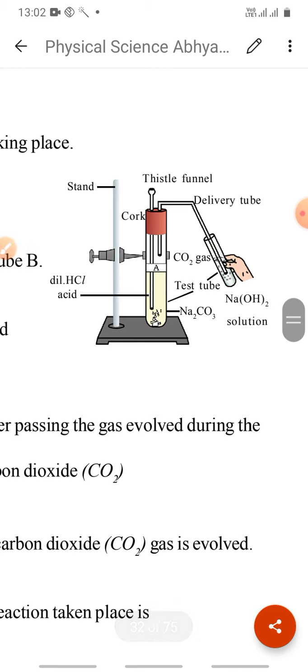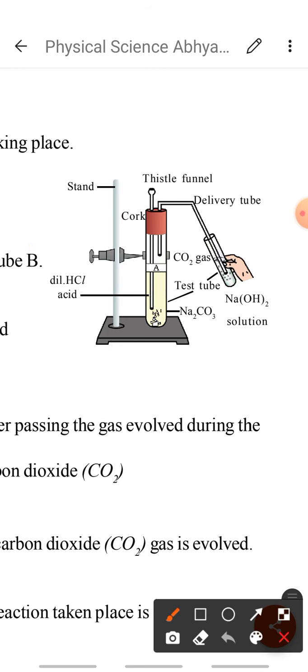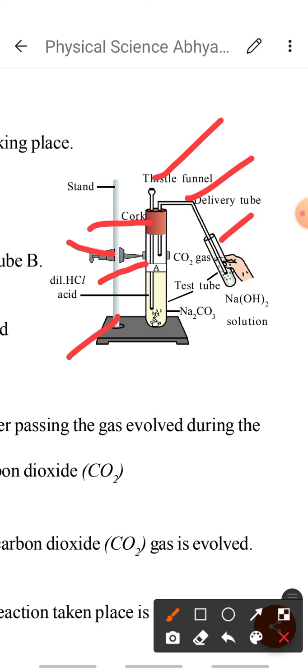You see this diagram: test tube stand, clamp. The test tube is fixed to the clamp. This is a cork which has 2 holes. A thistle funnel is inserted in one hole, and a delivery tube in the other hole. This delivery tube passes into another test tube consisting of lime water, calcium hydroxide.